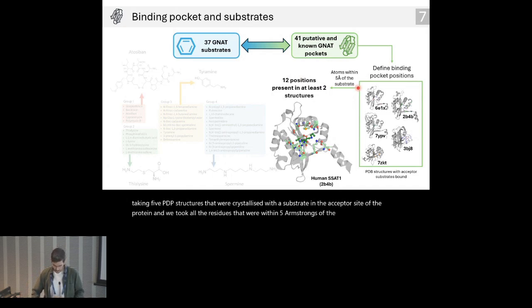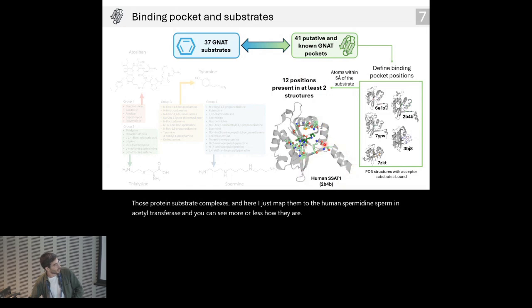It's just a classic procedure, and we selected the 12 positions that were present in at least 2 of those protein-substrate complexes. And here I just mapped them to the human spermidine/spermine acetyltransferase, and you can see more or less how they are distributed.